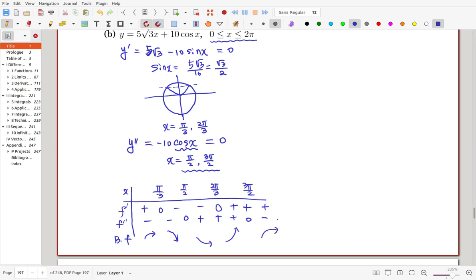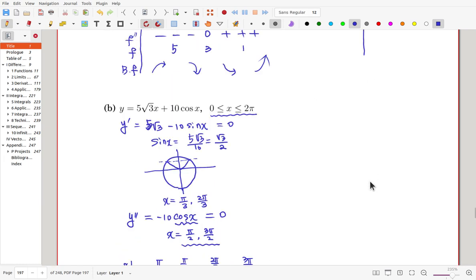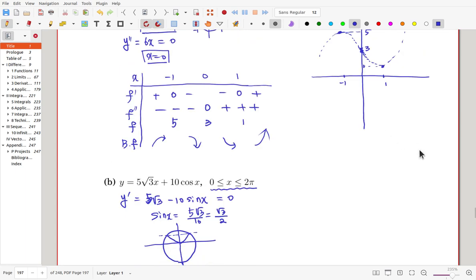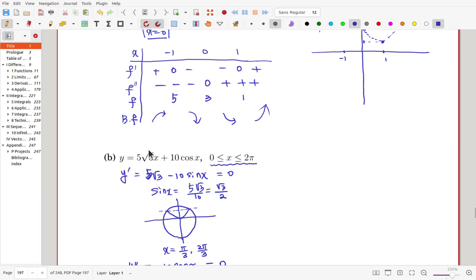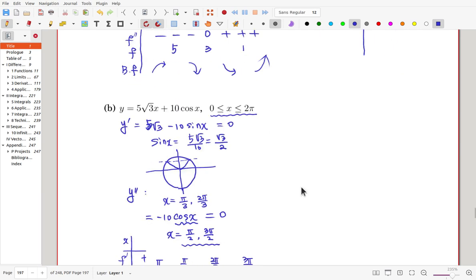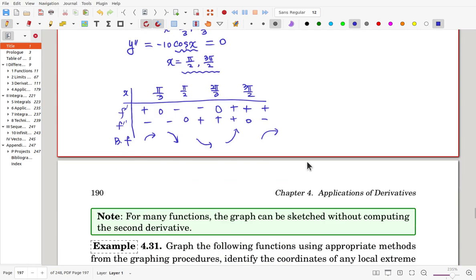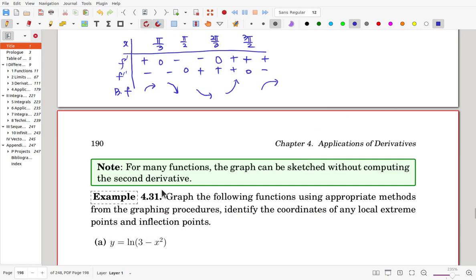So that is the behavior of the function. And also you can find the f values and try to give the key points, and along with the key points you can finish the graph as in this example. You can do it here, but because of the values, it's not simple to make. Okay, you can do it yourself.